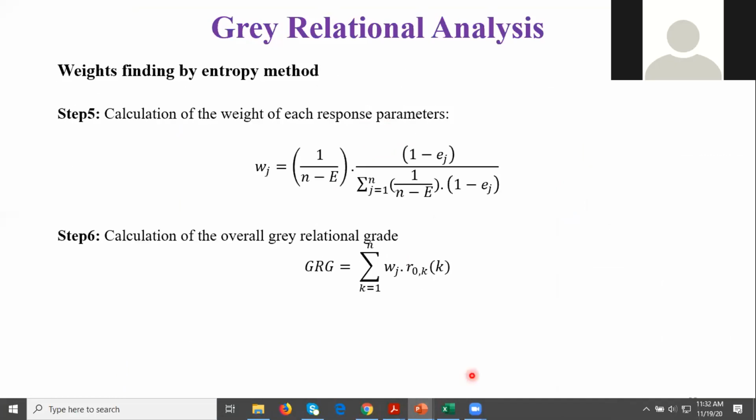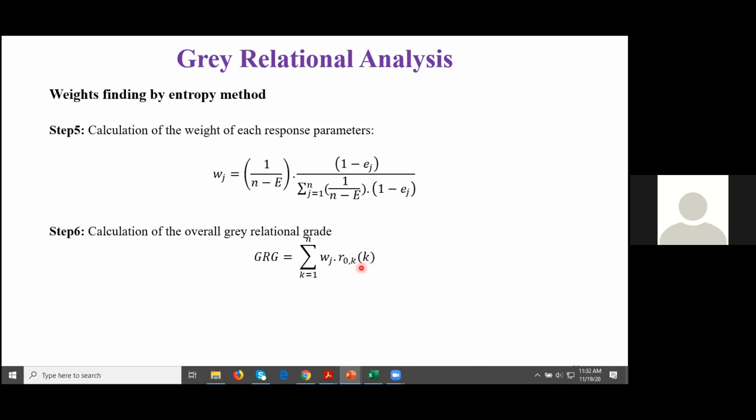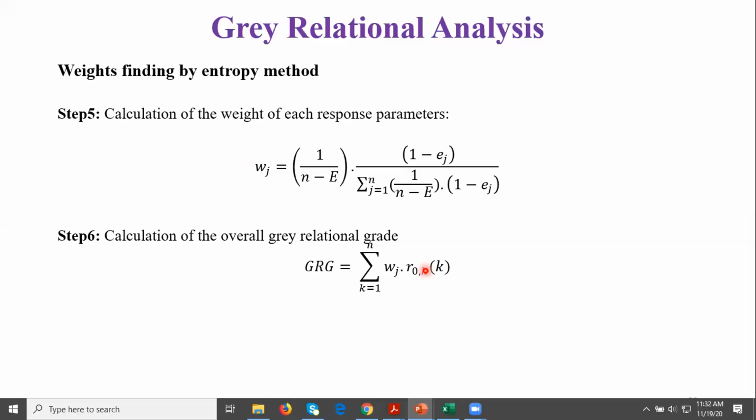So from this you got the weight functions for each experiment and each output value, and with this weight function you calculate the gradation coefficients. Then you are getting the total gradation grade. So this is the multiplication, and lastly you are getting the gradation grade for each experiment.